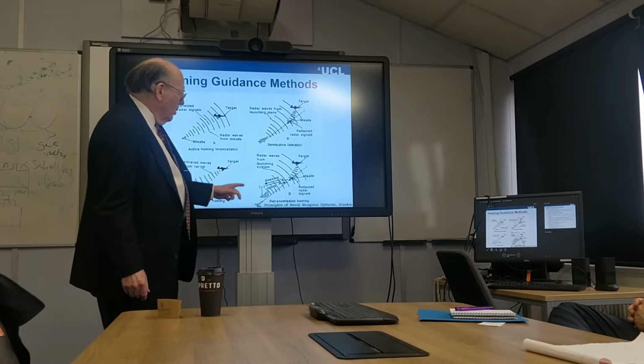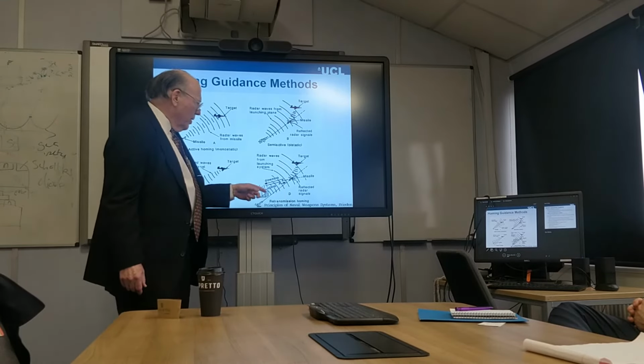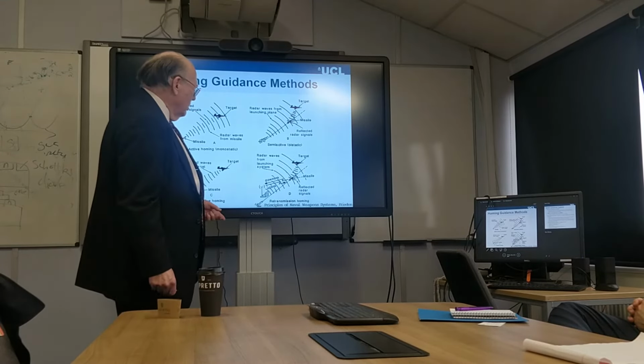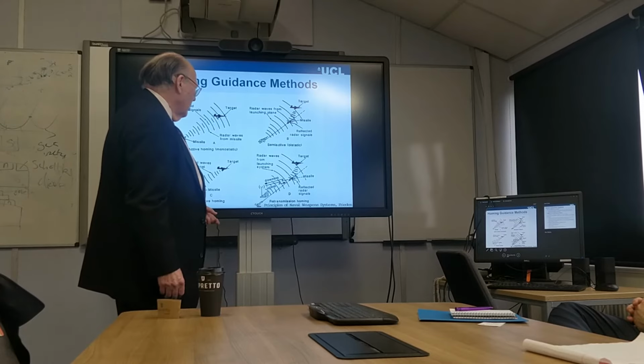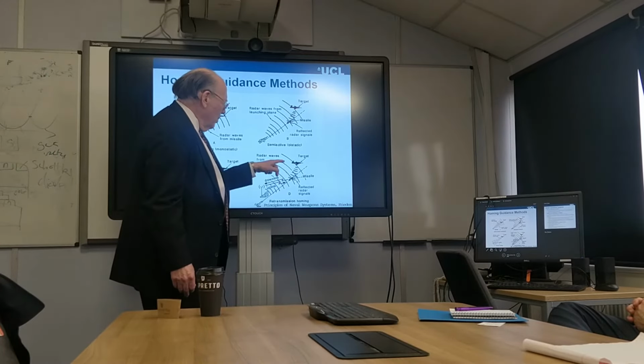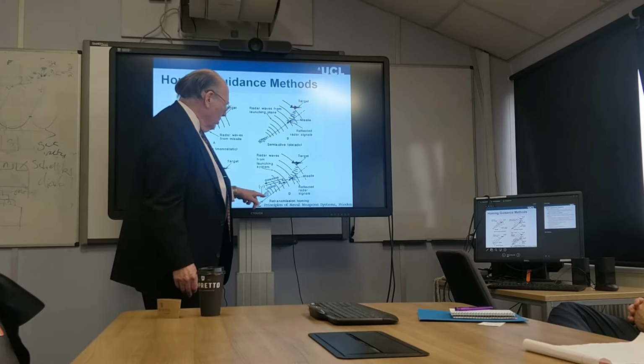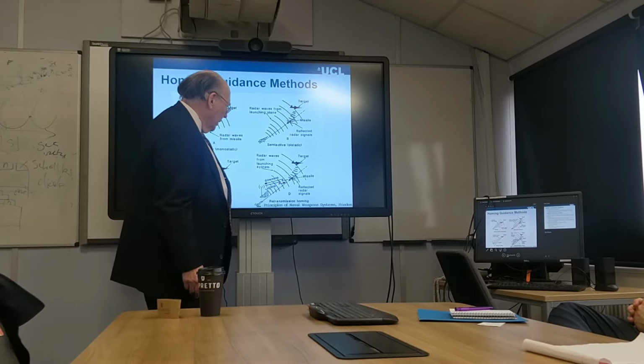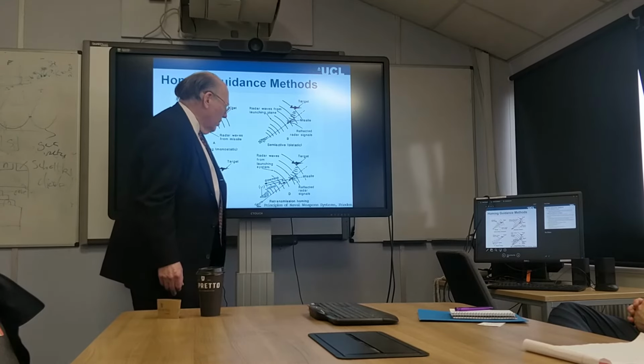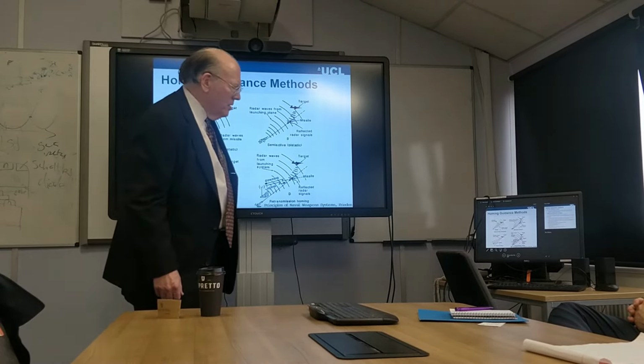And then we have retransmission homing, where we have a more complex system. We get scatter from the radar itself to the missile, but then we also have an uplink that controls it. So it's a sort of hybrid system.